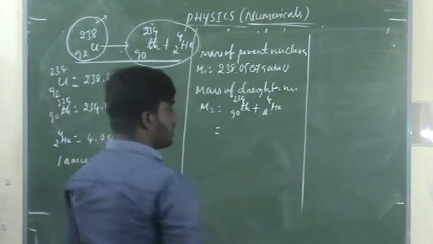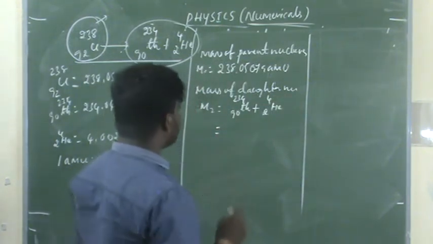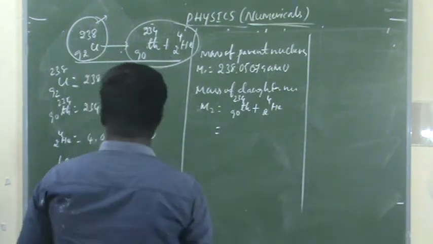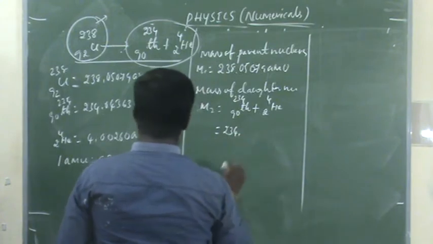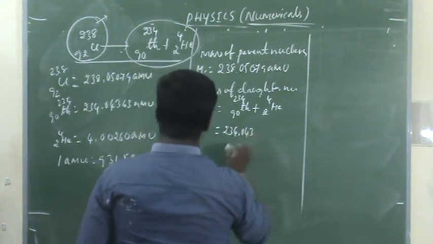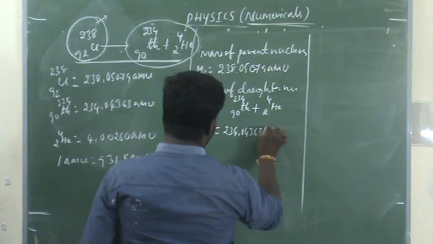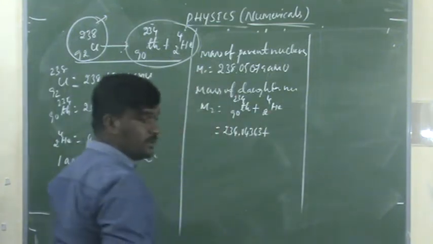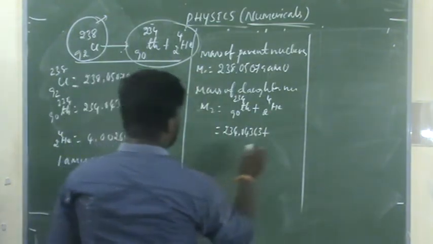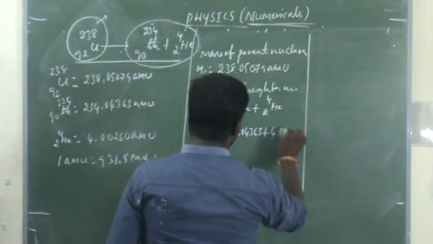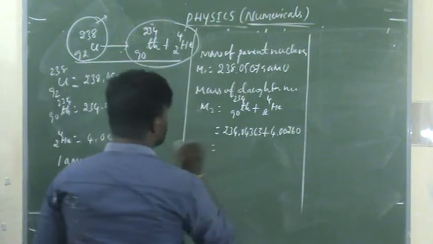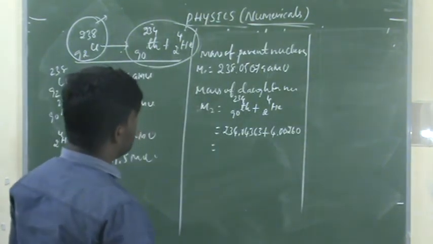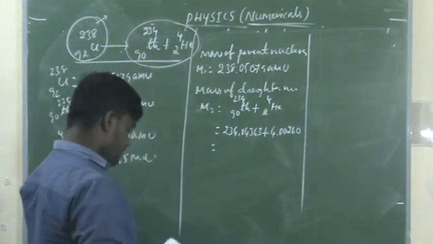Mass of the thorium is already given, 234.04363, plus mass of the helium also given, that is 4.00260.